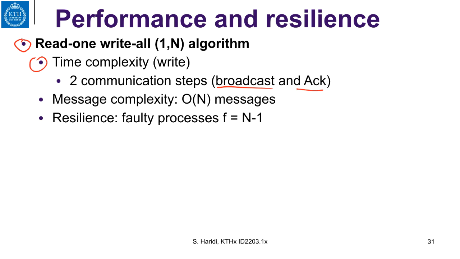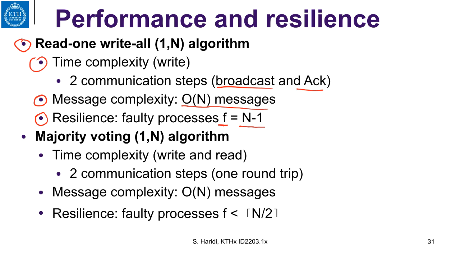The message complexity is of order n messages, actually it is 2n, and the resilience, which is the number of faulty processes that the algorithm can tolerate, f, is equal to n minus 1. So n minus 1 processes may fail, but the algorithm still satisfies its specification.